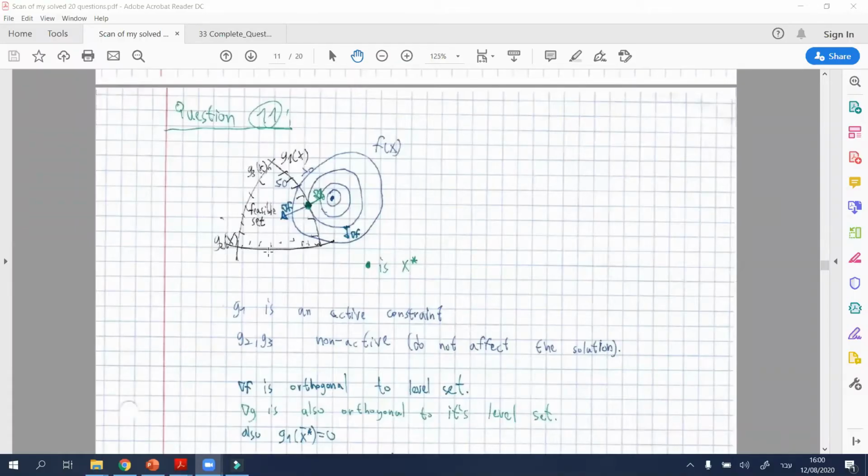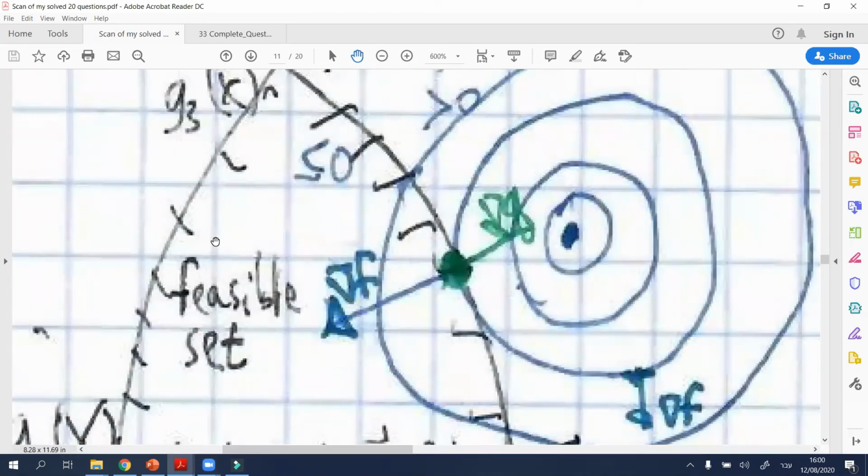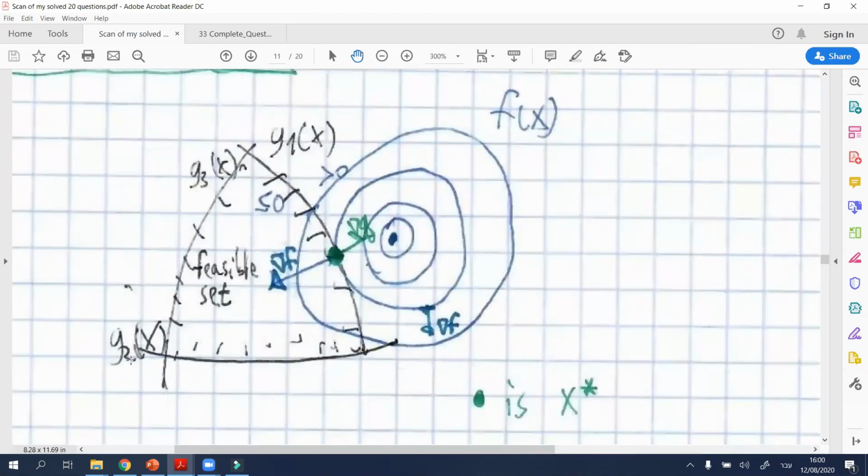So we are now heading towards solving question number 11. We will illustrate graphically the KKT conditions, and we can see three functions, which are G2, G3, G1, and our function.